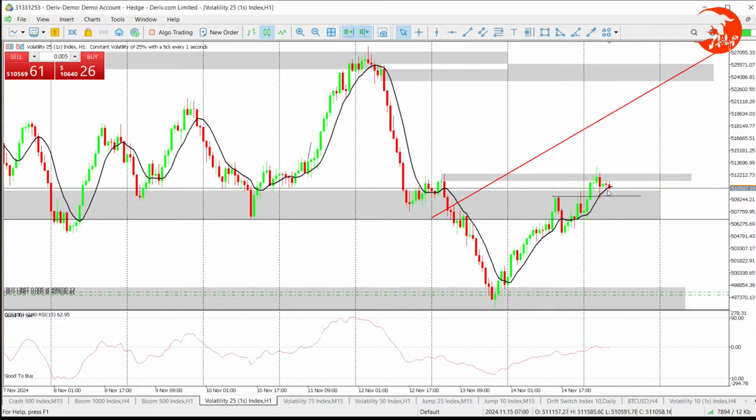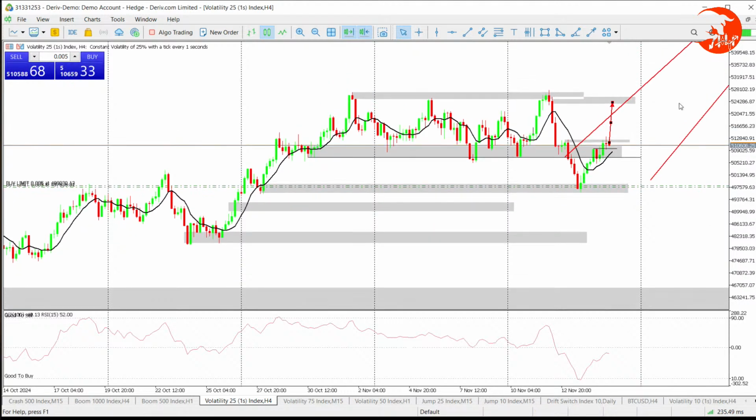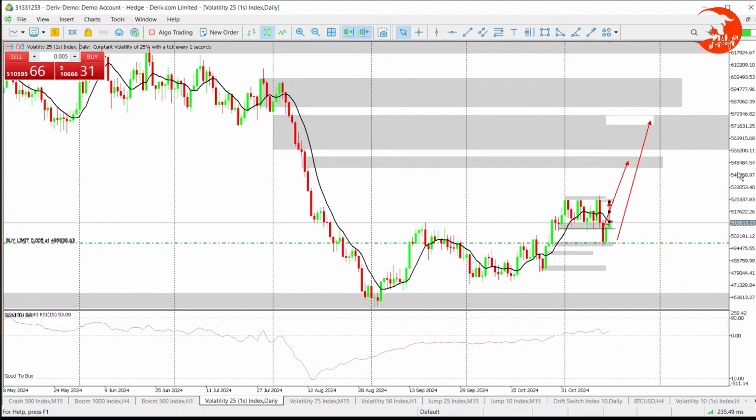We will be looking for buys once price breaks out on that very resistance level, and then we'll be looking at our TP there. Once we reach that TP, we wait for price to make a breakout on that very resistance level, so that we can make our continuation trade all the way up there.